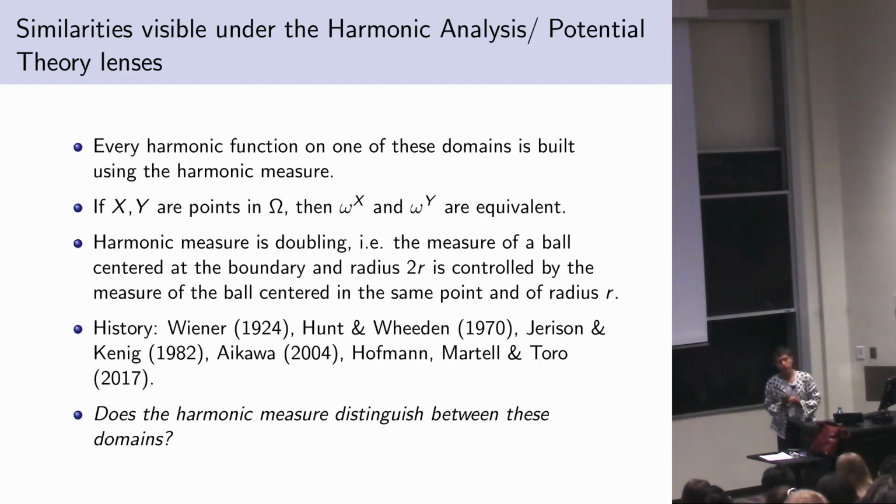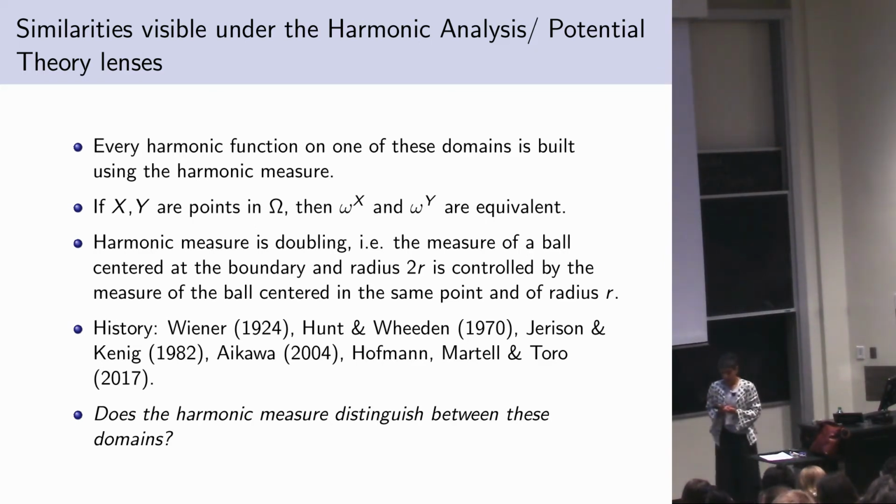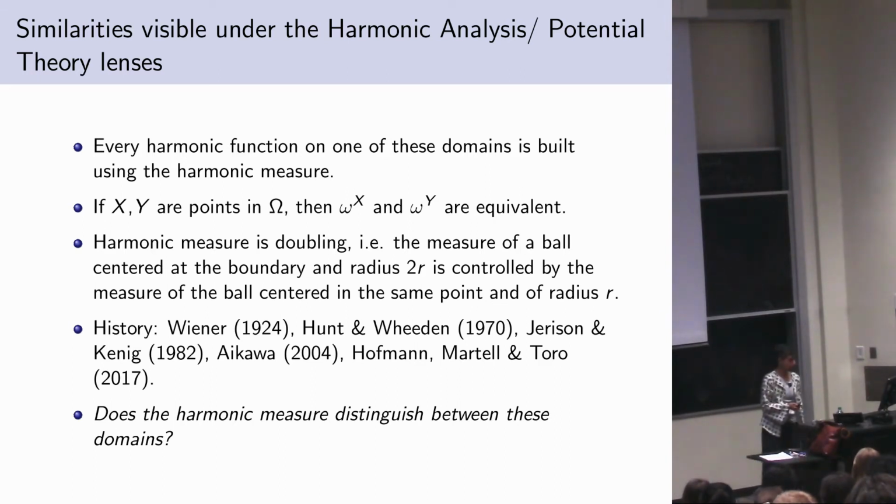Is there something in the harmonic measure that allows me to distinguish? In particular, I don't know about you, but the one I'm really bothered about is the fact that at some point in GMT, I put the smooth domain, the Lipschitz domain, and the complement of the 4-corner Cantor set in the same bag. And that doesn't seem right. Okay? You're seeing all my prejudices come out. I don't want to put the 4-corner Cantor set with the circle, but I want to be able to distinguish them. And so that's one of the motivations.